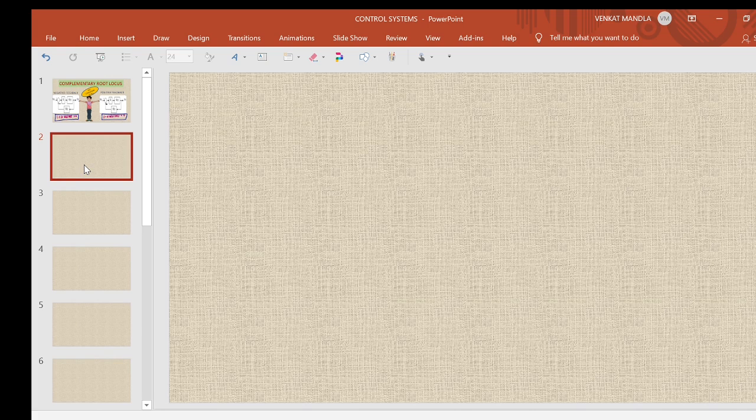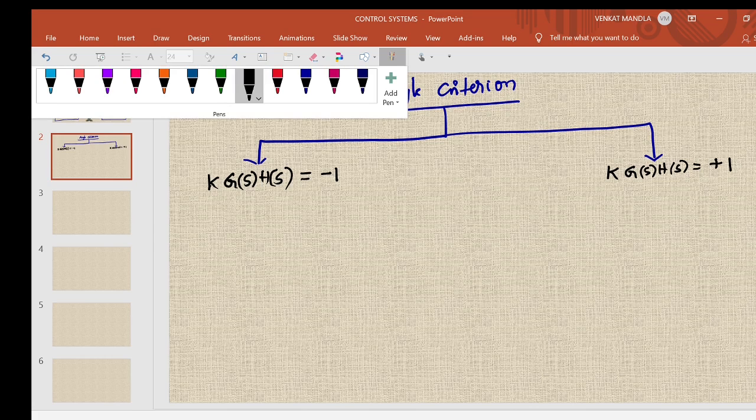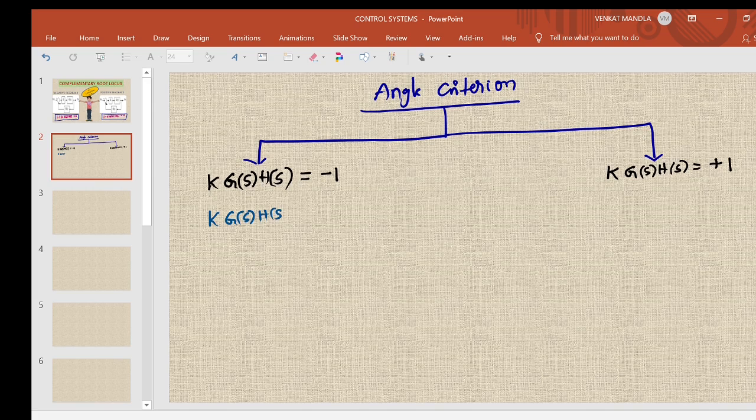I have two types of angle criterion. First, I will explain these two types of angle criterion, and then I will explain root locus and complementary root locus. When K G(s)H(s) equals minus 1, the angle criterion is 180 degrees, or (2q plus 1) times 180 degrees, odd multiples of 180 degrees.